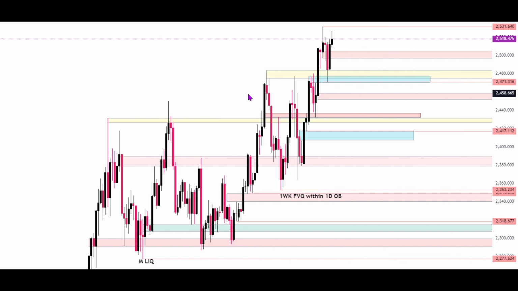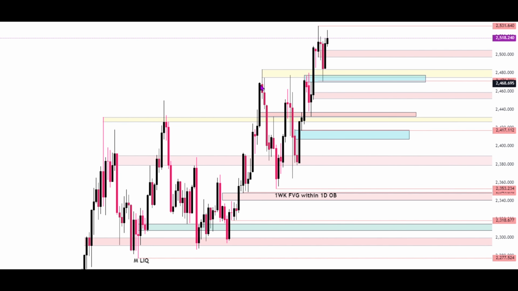But then, of course, you could look at liquidity, fair value gaps, institutional zones in the form of order blocks, supply and demand, and of course FU candles. These are institutional candles. For the purpose of the video, we could clearly state that gold is very bullish, looking at all the information outlined here, all the institutional zones that have been marked, and how price just respected this previous fair value gap.